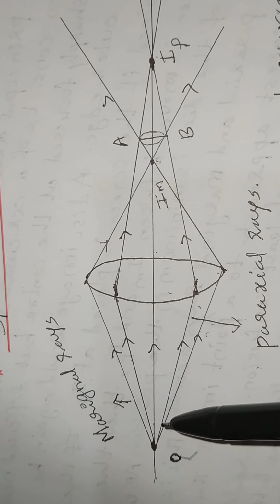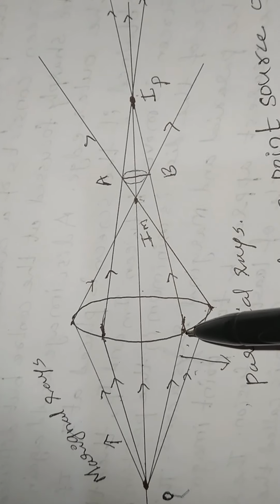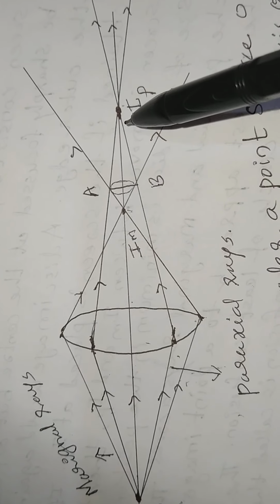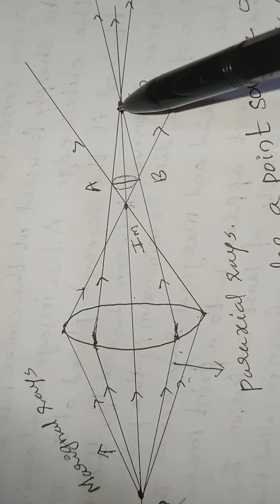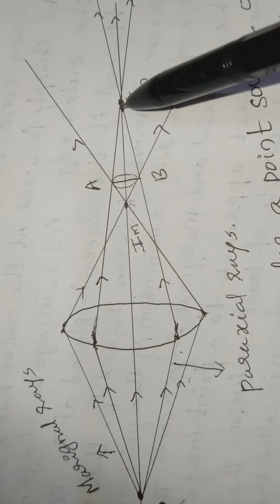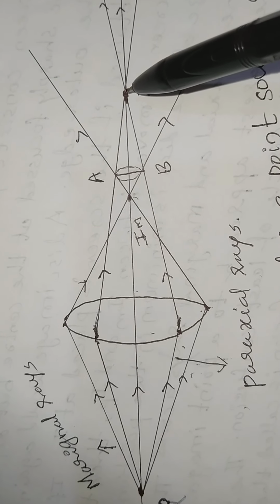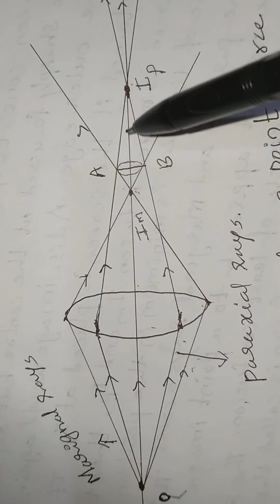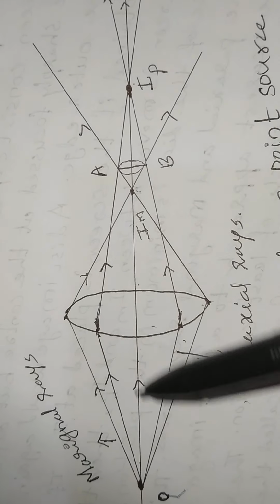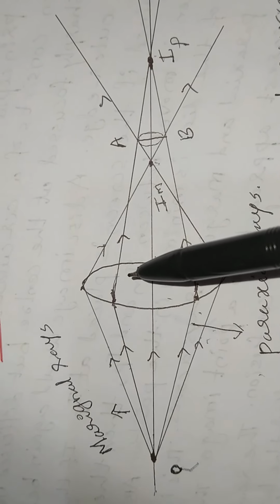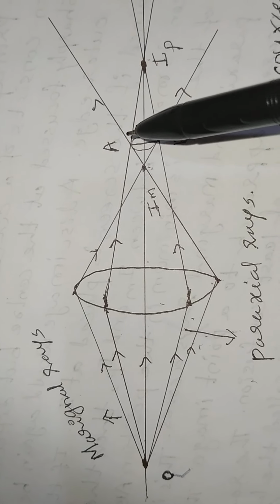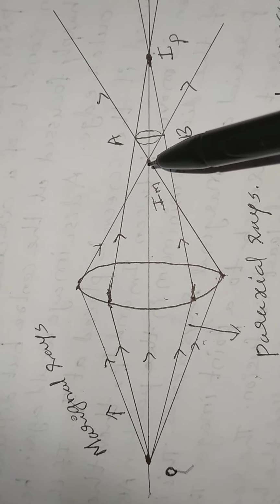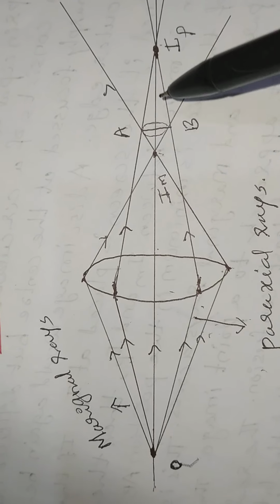The paraxial rays are brought to focus at point IP, where the paraxial image is formed. All the other rays are brought to focus at different points between IM and IP.